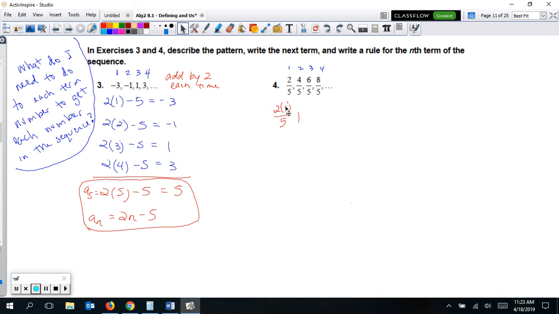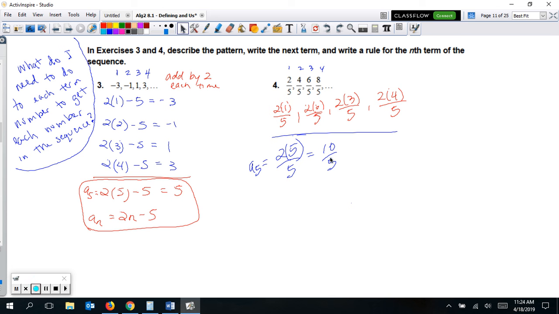So basically you take that first one, times it by 2, and now you have 2/5, which is what we have here. And do the same thing. 2 times 2 is now 4/5, which is what we have. And then 2 times 3, 6/5. And then 2 times 4, 8/5, just putting the 5 on the bottom of each of these. So now our fifth term would be 2 times 5, which is 10/5.